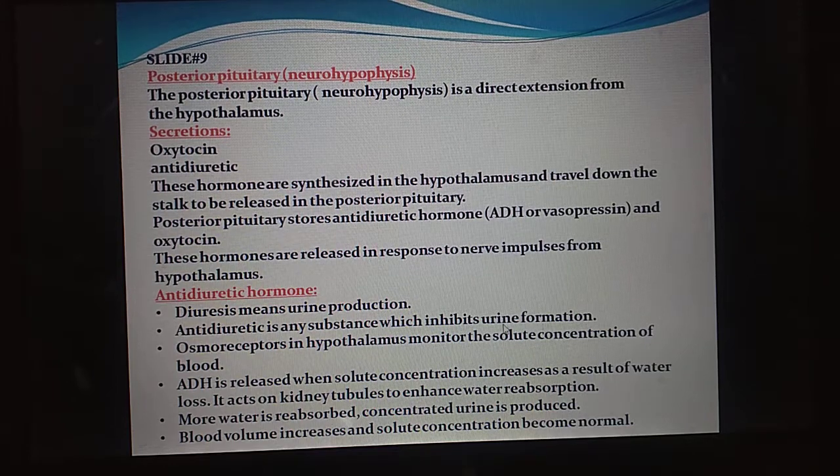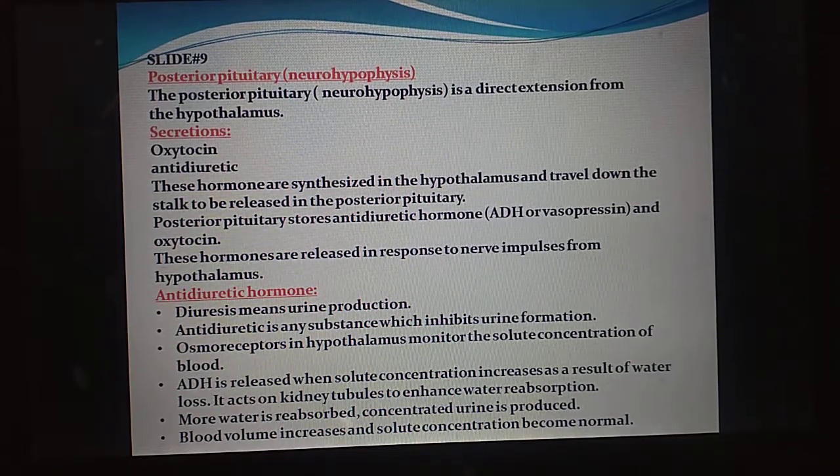is any substance which inhibits urine formation. Osmoreceptors in the hypothalamus monitor and regulate the solute concentration of the blood. ADH is released when the solute concentration increases as a result of water loss.